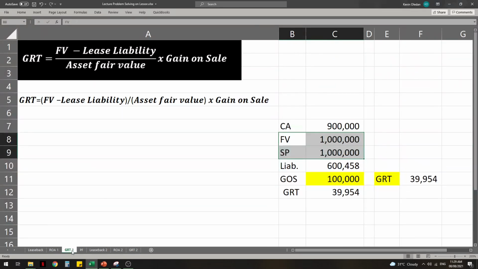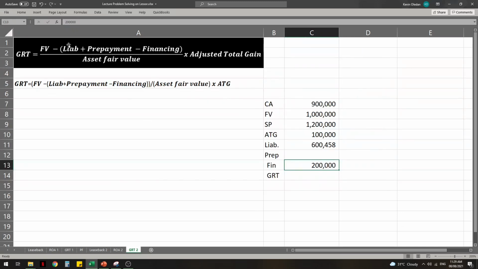That is for kung walang financing, fair value minus lease liability. Pag merong financing or prepayment, you will have to edit that a little bit. You need to first add or deduct the prepayment or financing to the lease liab before you compare it with the fair value. Okay? Merong konting edits na gagawin.